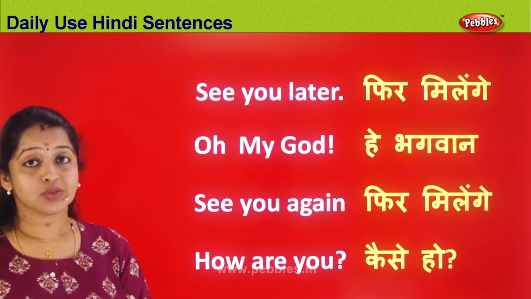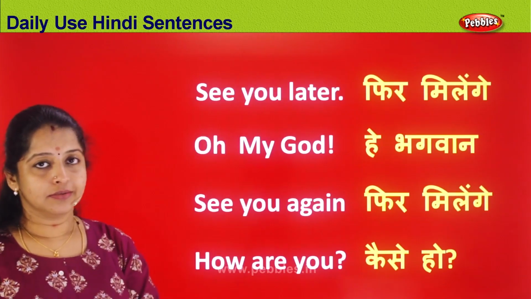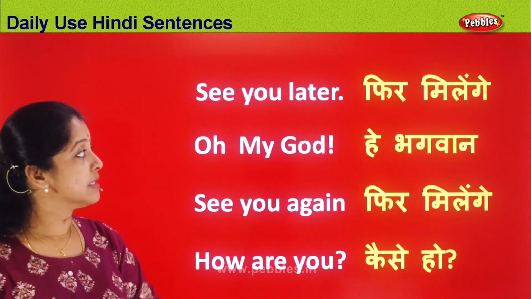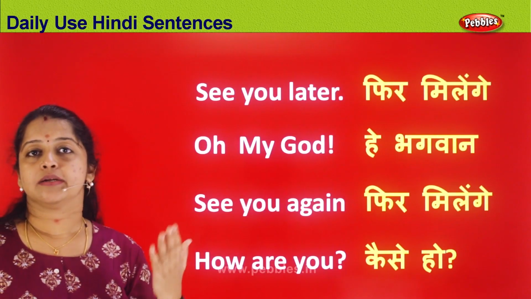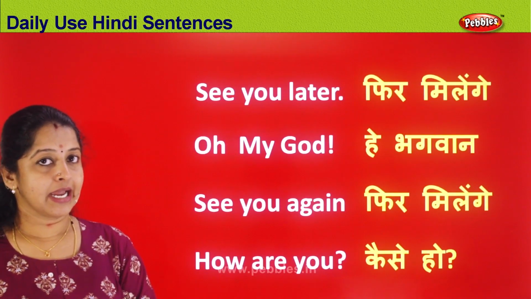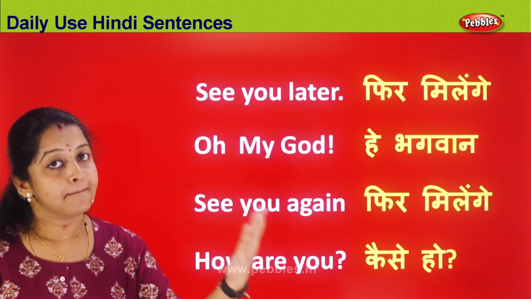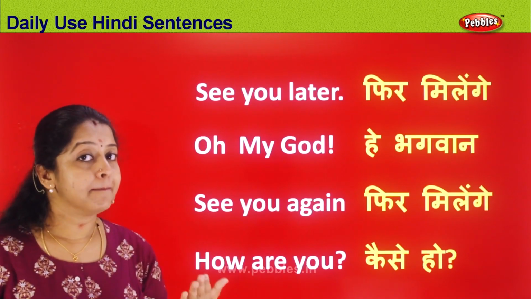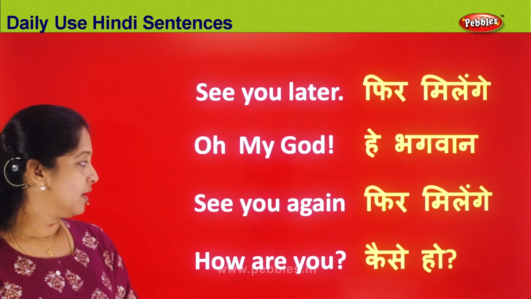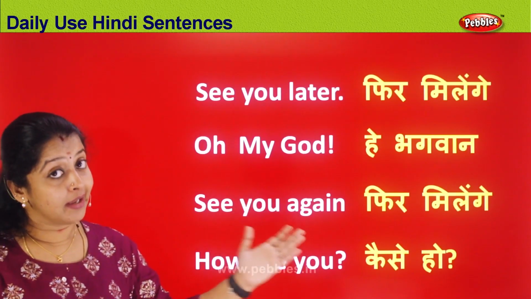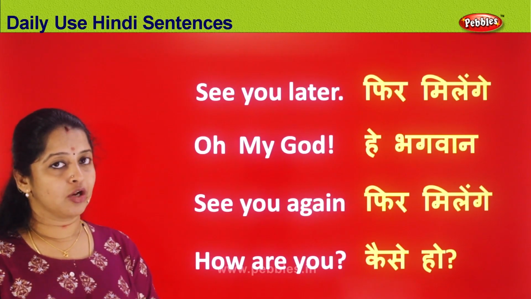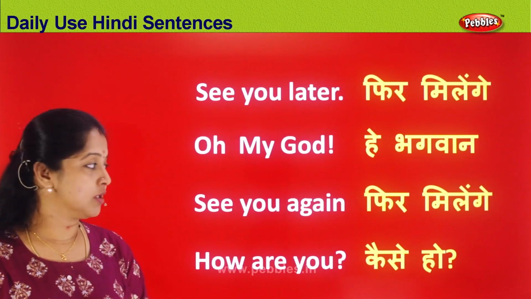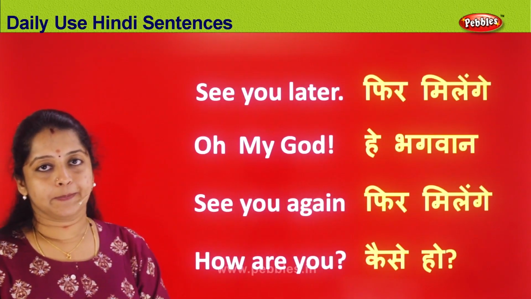So when I have to say see you later, I will be saying as fir milenge. I have to say see you later mom, I can say as fir milenge ma. Fir milenge Mataji. Alright. When I have to say see you again, for that also we are going to use the same dialogue or the same conversation. Fir milenge.